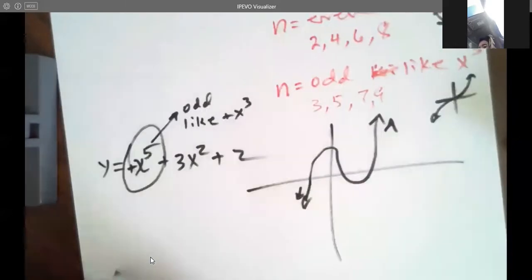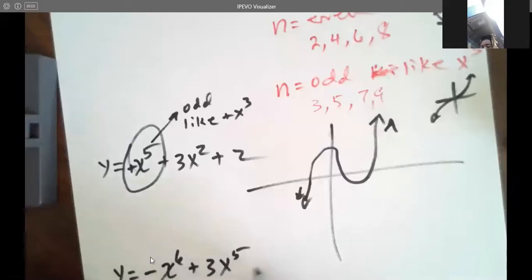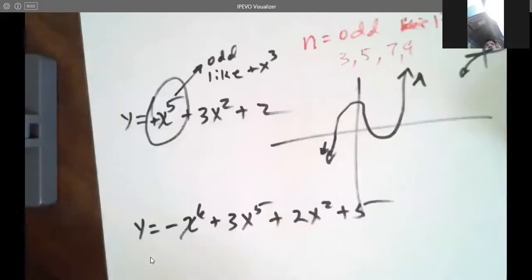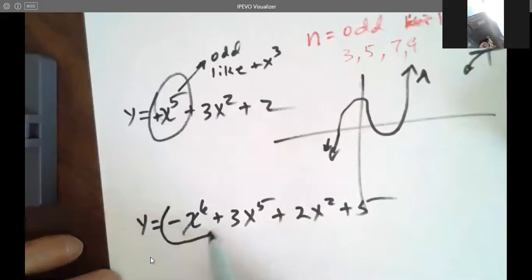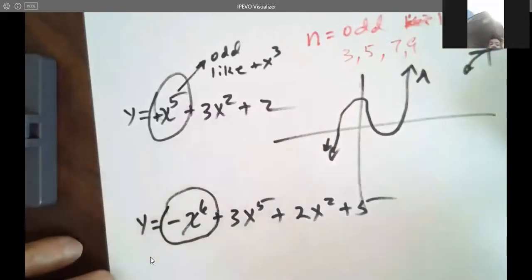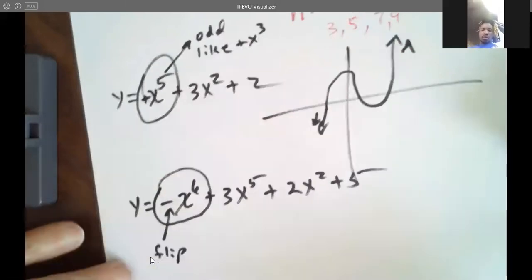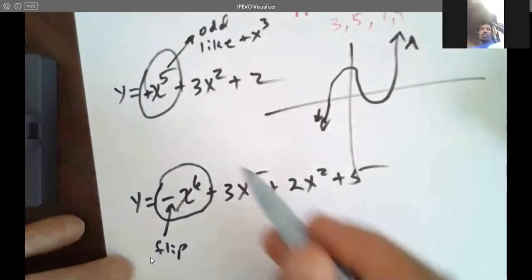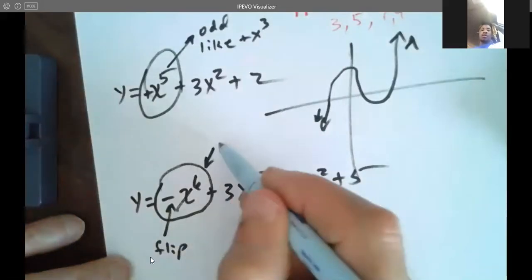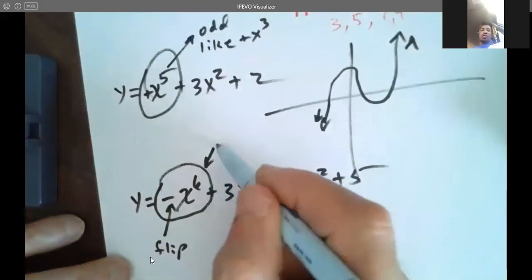Now, if you have something like y equals negative x to the sixth plus 3x to the fifth plus 2x squared plus 5, again, you look at that leading term. The negative is going to make it flip, reflect about the x-axis, and the exponent is even.